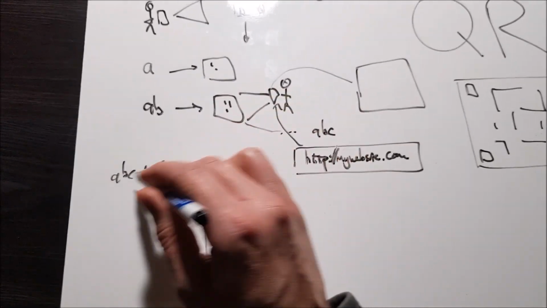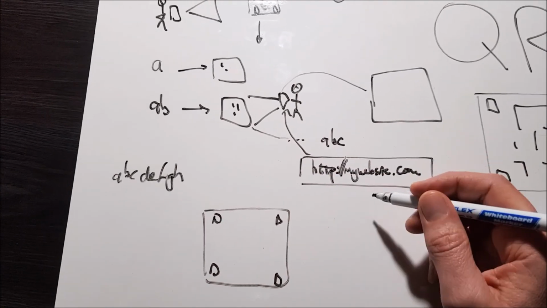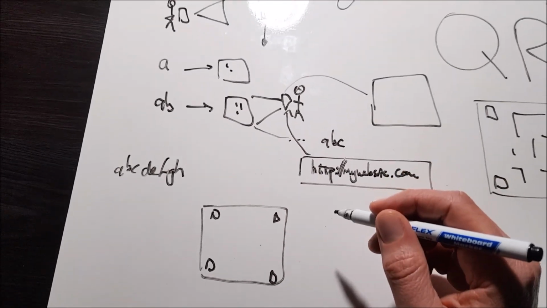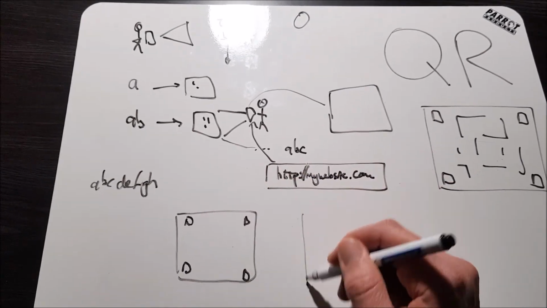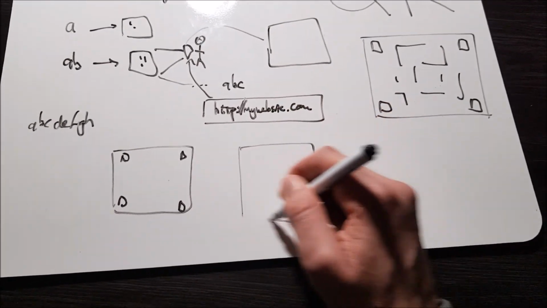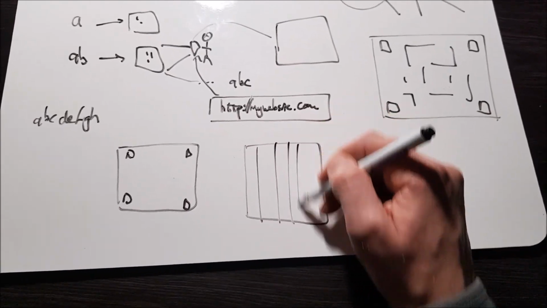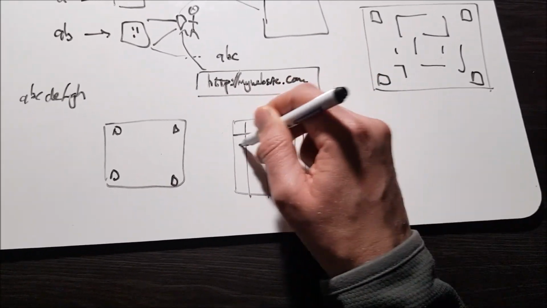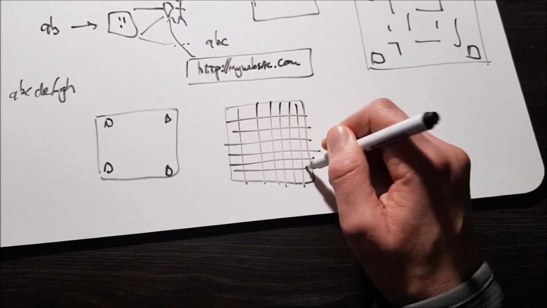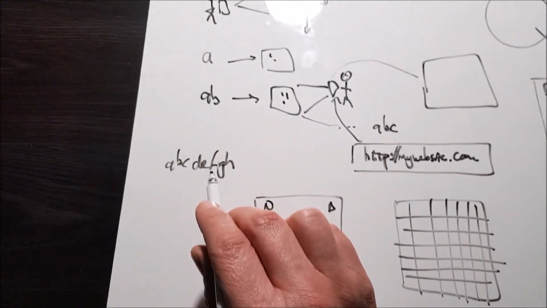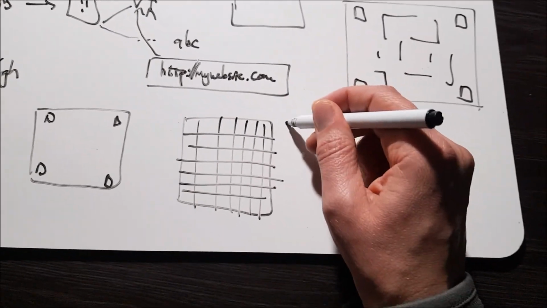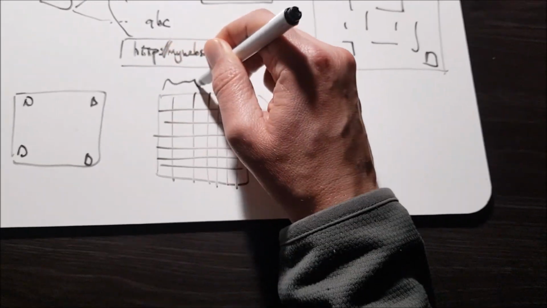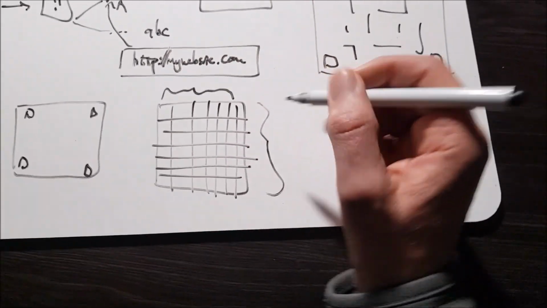There are different QR codes with different numbers of pixels. If you divide your QR code into a grid of pixels, then the length of your characters determines how many pixels there are horizontally and vertically.